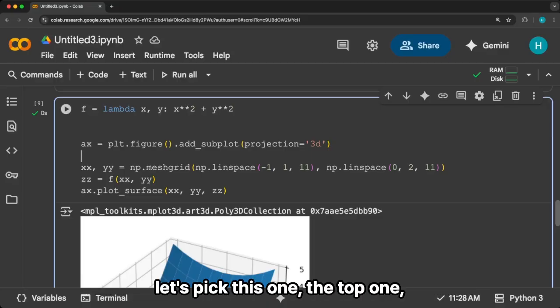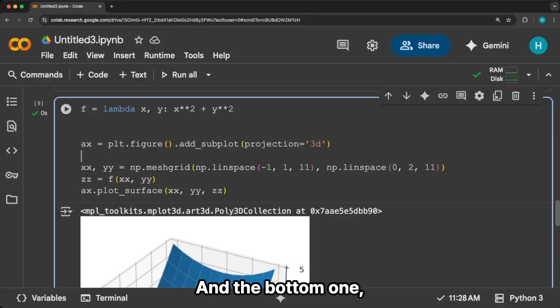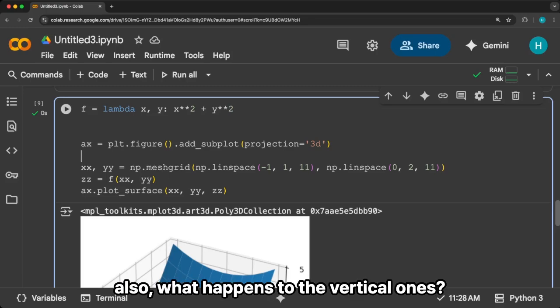So for example, let's pick the top one, maybe it goes somewhere here, and the bottom one maybe goes somewhere here. And also, what happens to the vertical ones?